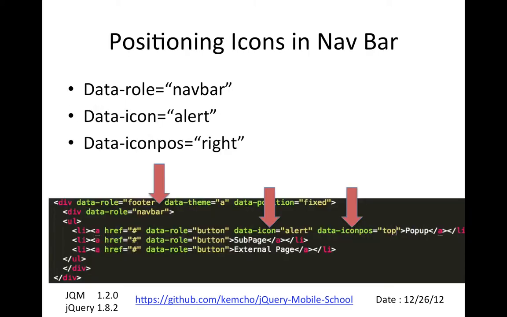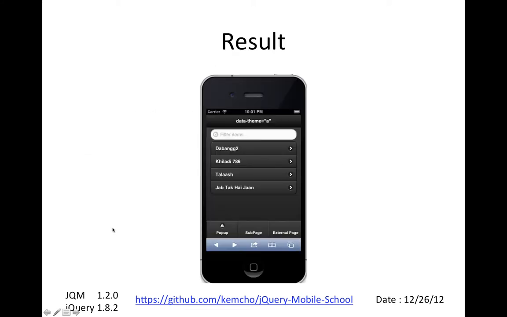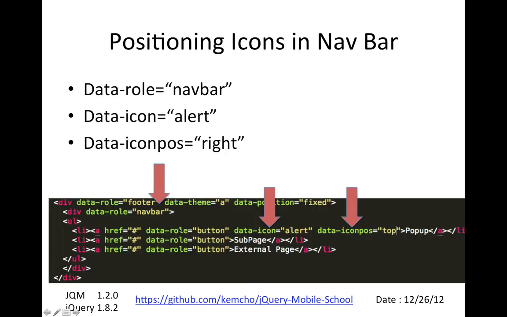So let's see how we can create a nav bar. There are 3 main parts. You use a data-role navbar, as specified here, to specify your nav bar. And the output looks something like this. You see this nav bar at the bottom? That's the output you get when you specify an unordered list of items in a data-role navbar div.